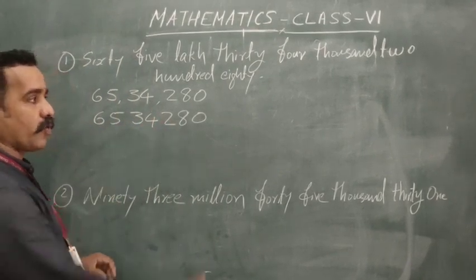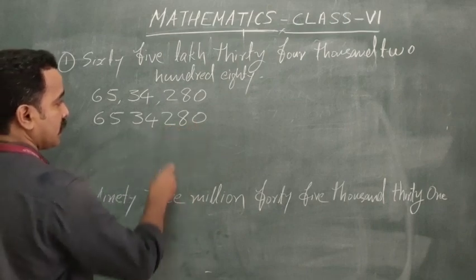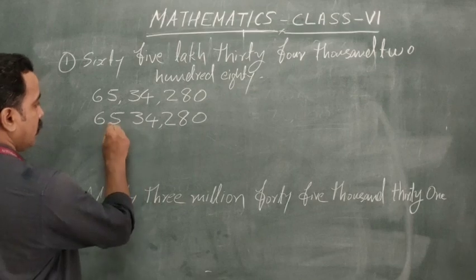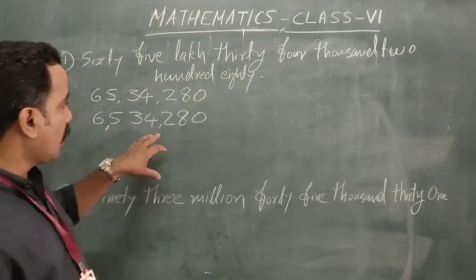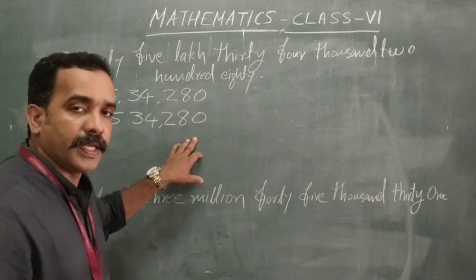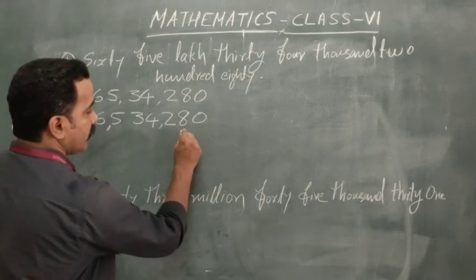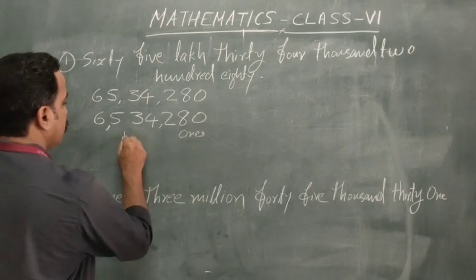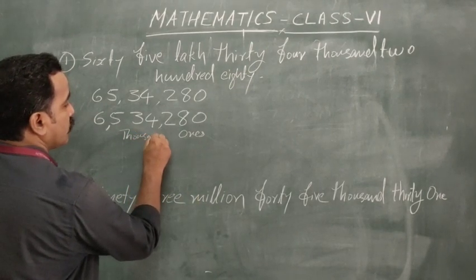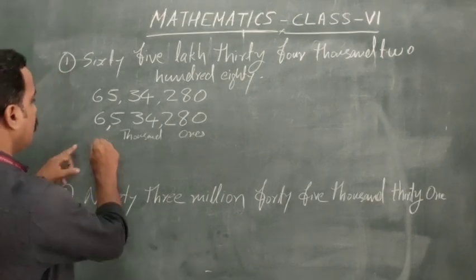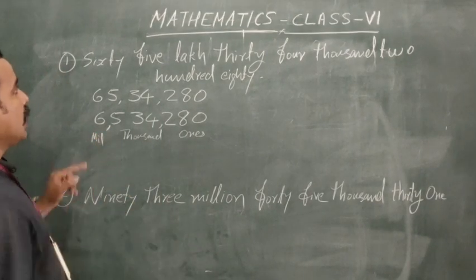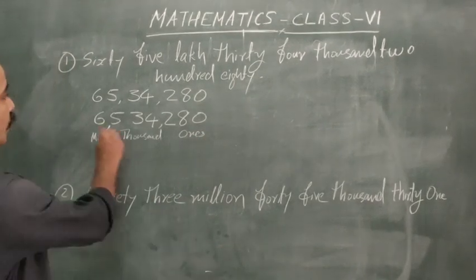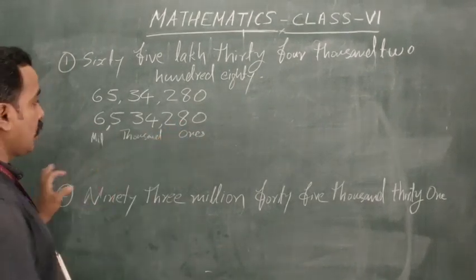So place the commas according to that. 1, 2, 3 places, put a comma, then 1, 2, 3, put a comma. Now look at the periods. The first one is ones, second one thousands, then millions. So this number we can now read according to the international place value chart.